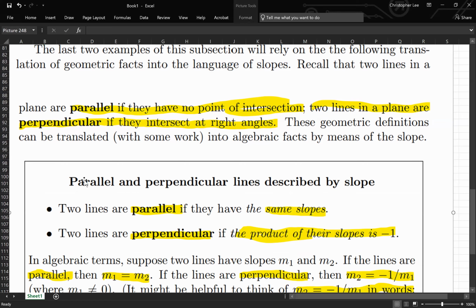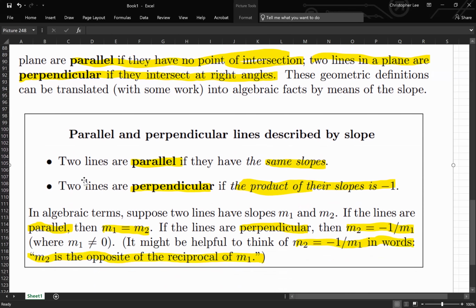And then two lines are perpendicular if the product of their slopes is -1. So in algebraic terms, suppose two lines have slopes m1 and m2. If the lines are parallel, then m1 equals m2. If the lines are perpendicular, then m2 is equal to -1 over m1, where m1 does not equal 0.